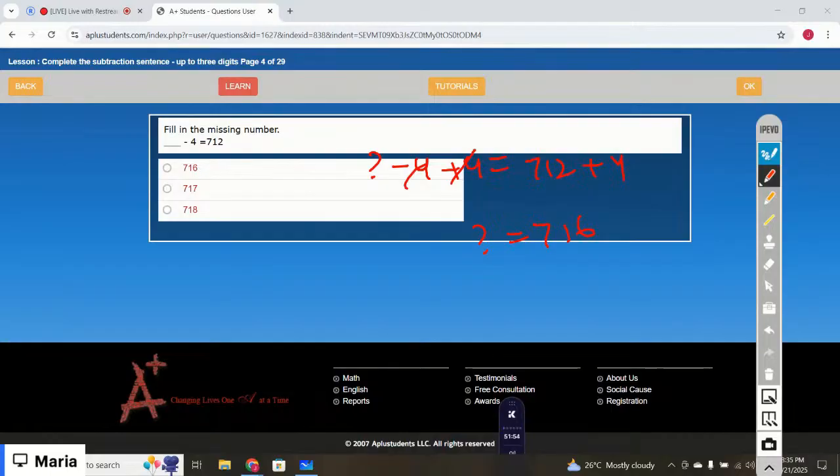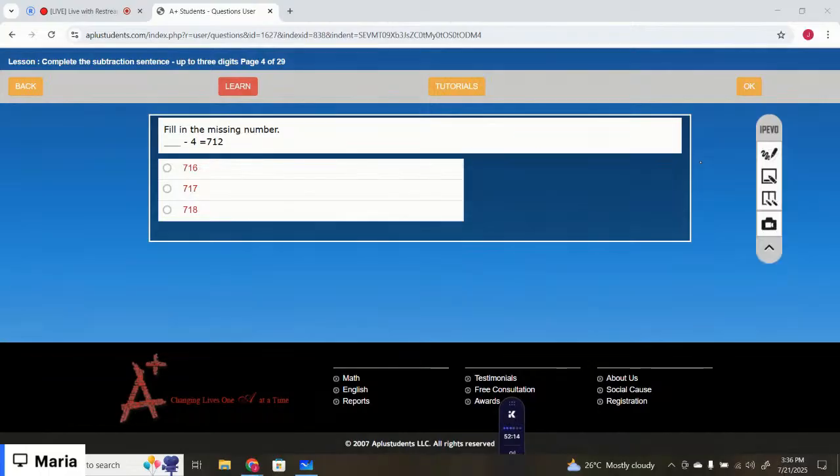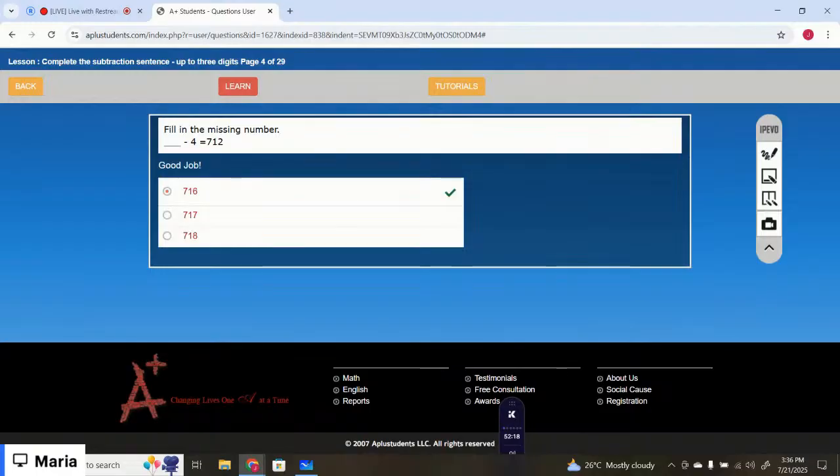That is 716. Option number 1 is the correct option.